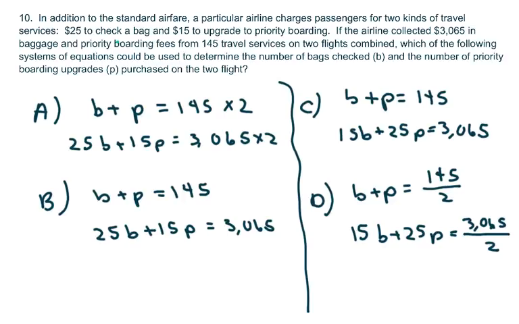So if the airline collected $3,065 in baggage and priority boarding fees from 145 travel services on 2 flights combined, which is the following system of equations that could be used to determine the number of bags checked, which is your B, and the number of priority boarding upgrades, P. So basically, what we're going to do is just kind of look at it and talk about it.